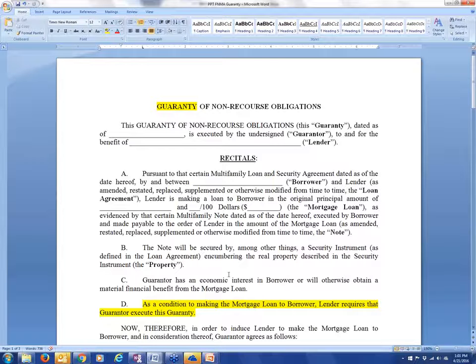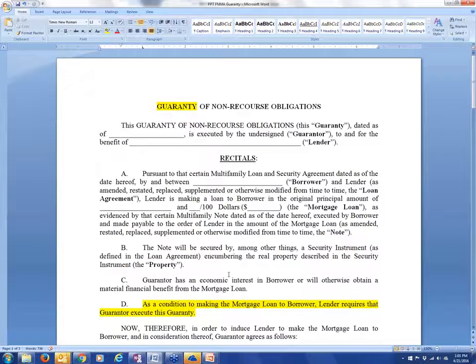So when you look at this, in the first blush, you might think to yourself, well, wait a minute, it's non-recourse, but now I have to sign a personal guarantee? How does that work? So much for it being non-recourse. Well, the fact is that this guarantee is only for the losses that Fannie Mae incurs as a result of your breaching of those non-recourse provisions.